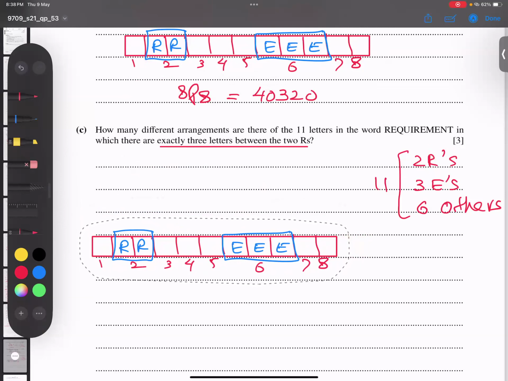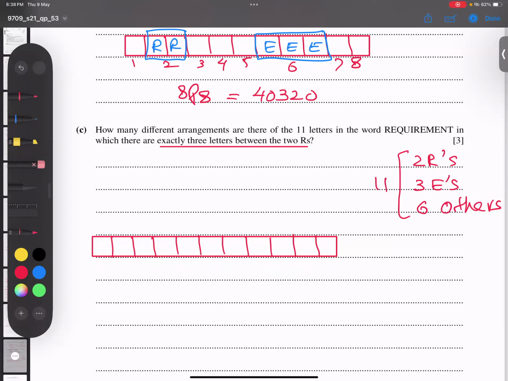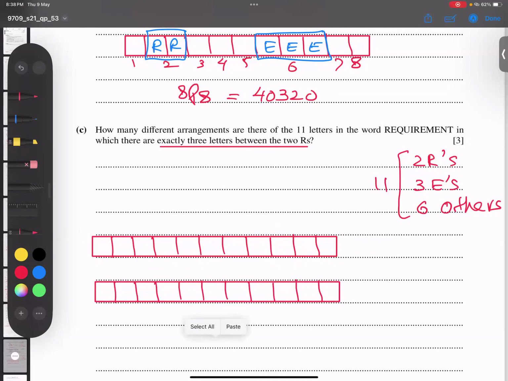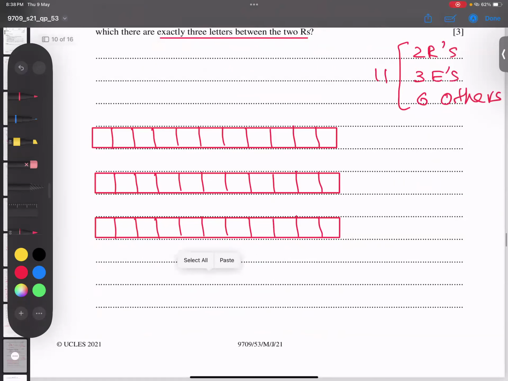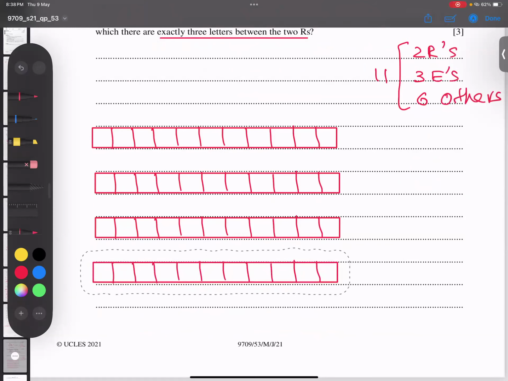First of all, erase these two R's and this one also. I copied this because I may need it more times, maybe two, three or four times. I'll see later what options we have.